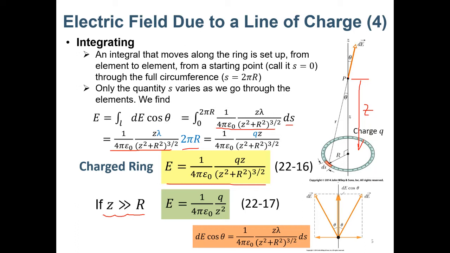It is something similar to the shell theorem I mentioned yesterday. If this distance is much farther away, then this circle is just like a point.